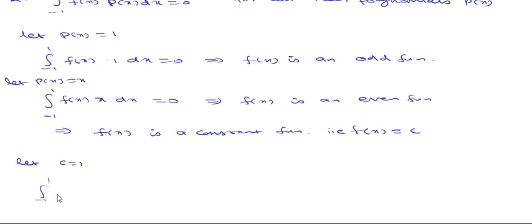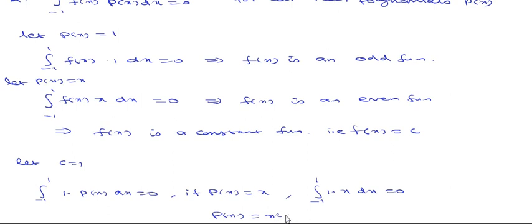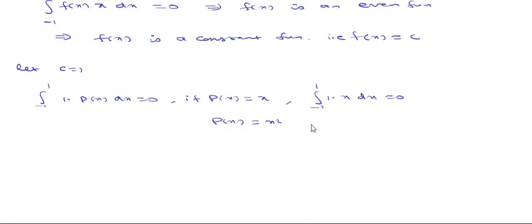Then integral from -1 to 1 of 1 times p(x) dx equals 0. If p(x) equals x, then integral of 1 times x dx equals 0, but if p(x) equals x squared, integral of 1 times x squared dx is not equal to 0, so we get a contradiction.